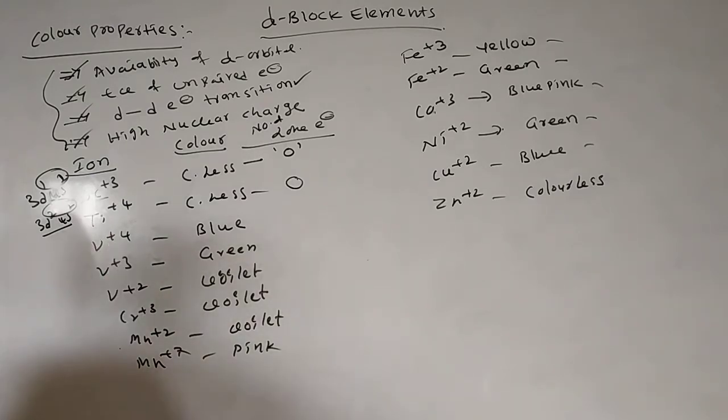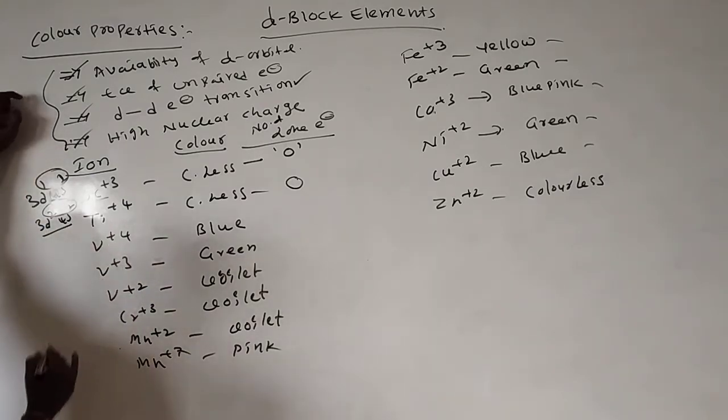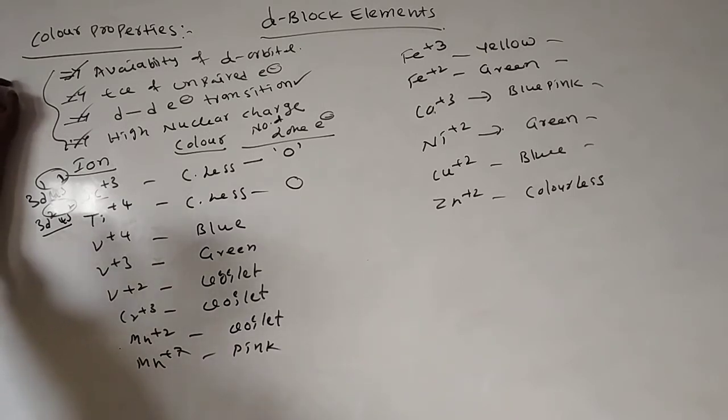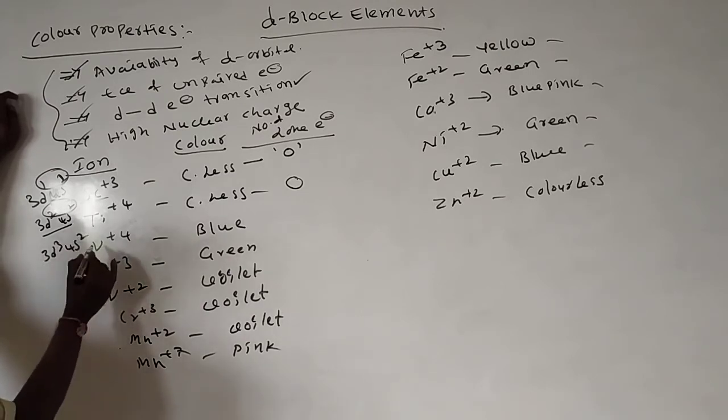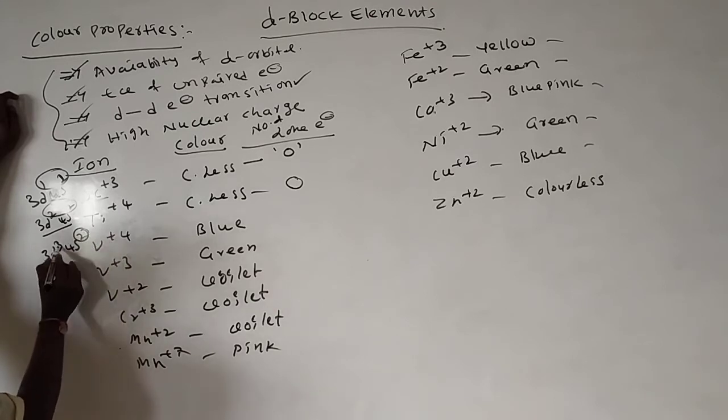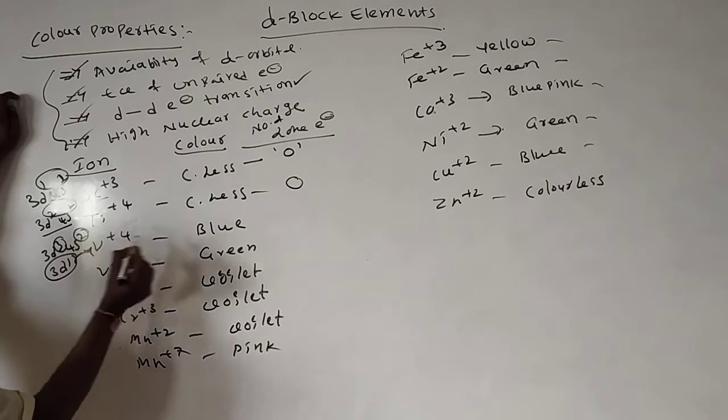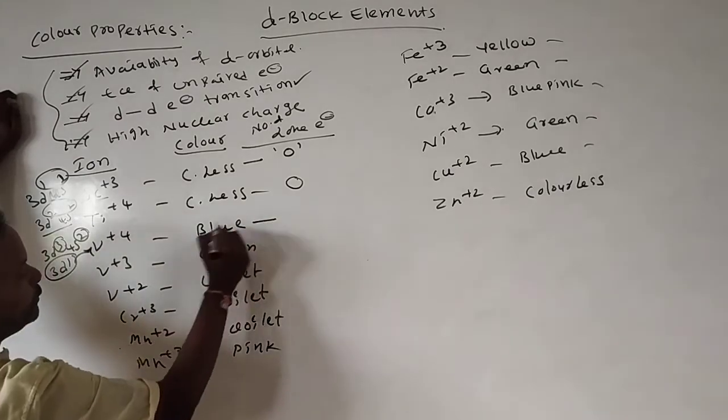So colorless. Vanadium +4. What is the vanadium atomic number? Here 3d3, 4s2. It removes 4, so 3d1 remains. 3d1 means one lone electron is there, so blue in color.